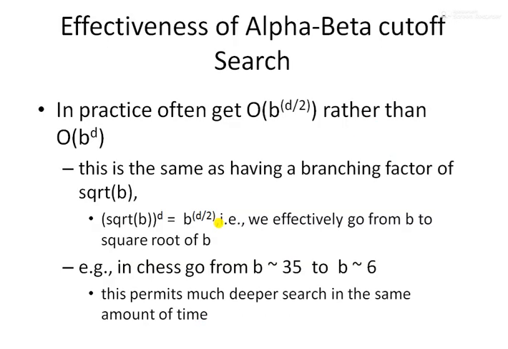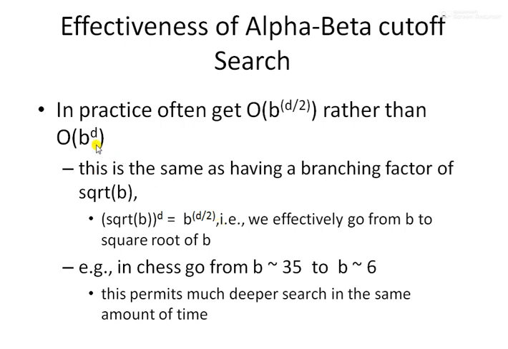Now the effectiveness of alpha-beta cutoff. In practice the branching factor can be reduced, up to b to the power d/2, rather than b to the power d, where d is the depth. For a game like chess, the branching factor on average is 35, and the depth is 50.